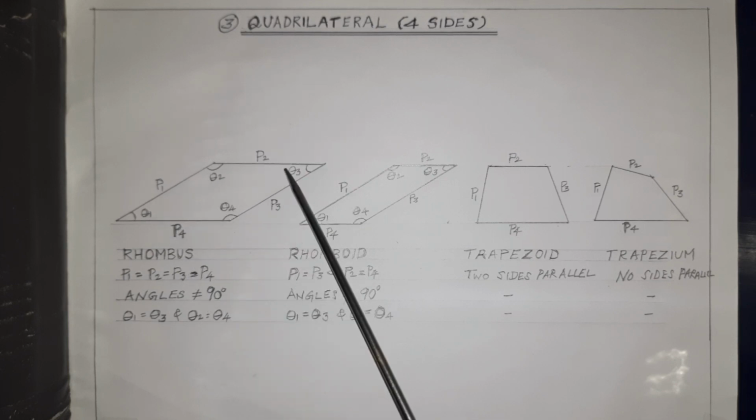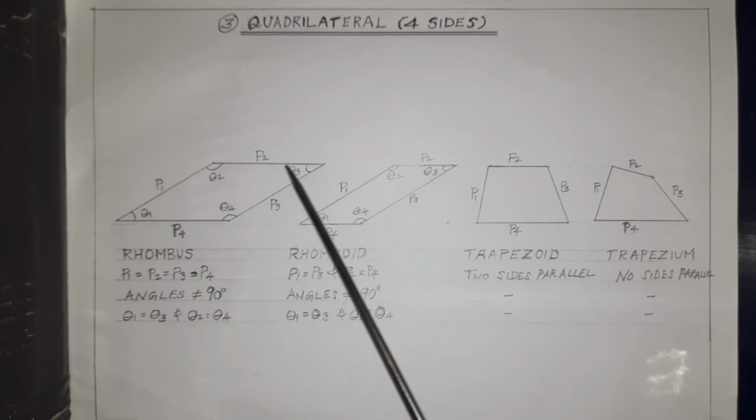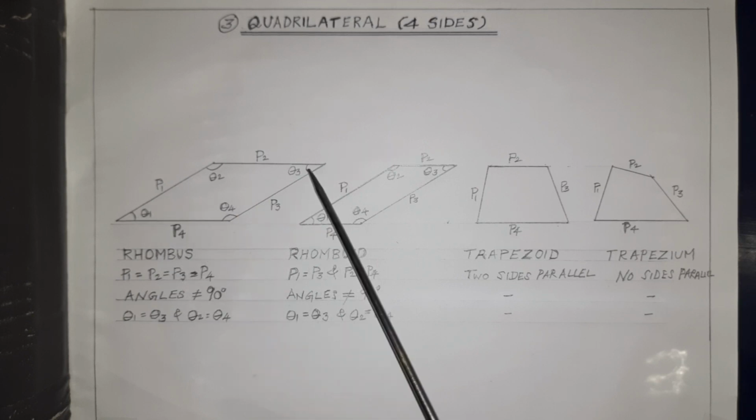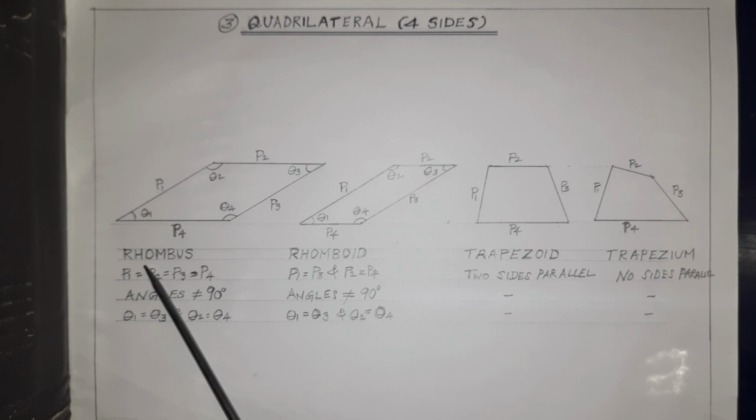Even a single angle out of this is not equal to 90 degrees. But at the same time, theta 1 is equal to theta 3 and theta 2 is equal to theta 4. That is, the opposite angles are equal in value. This is the condition for rhombus.